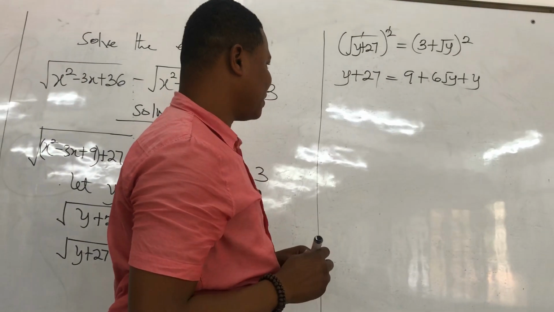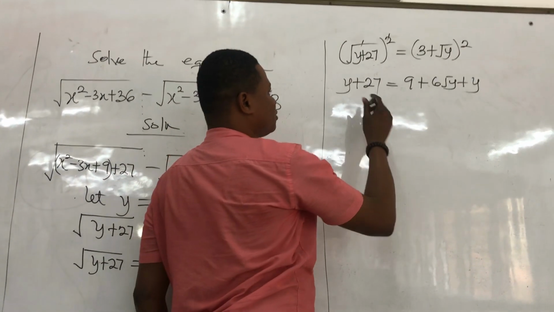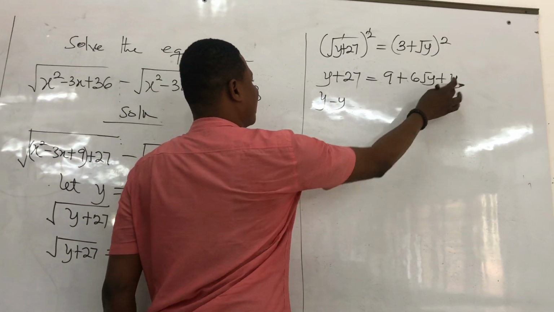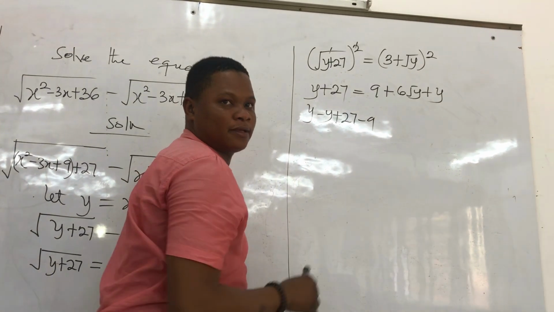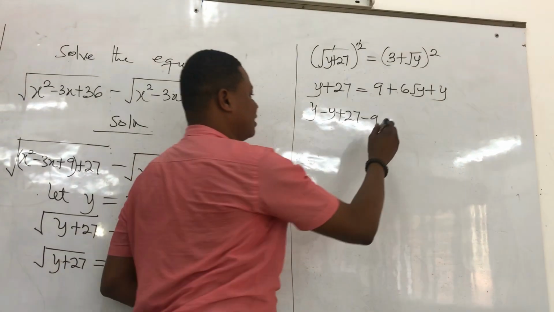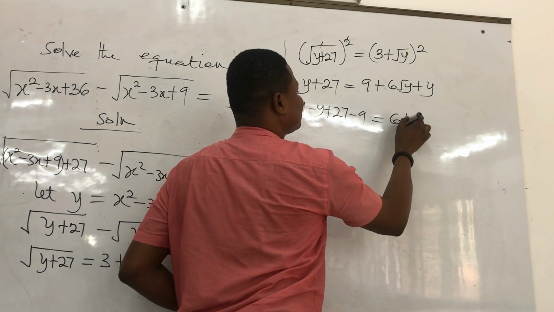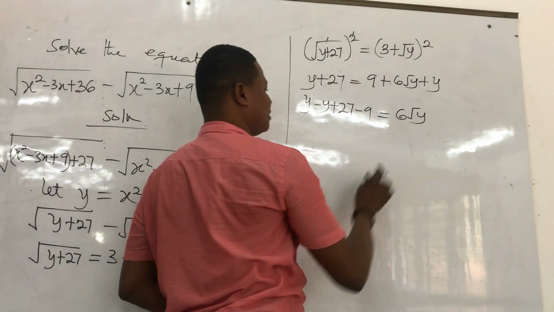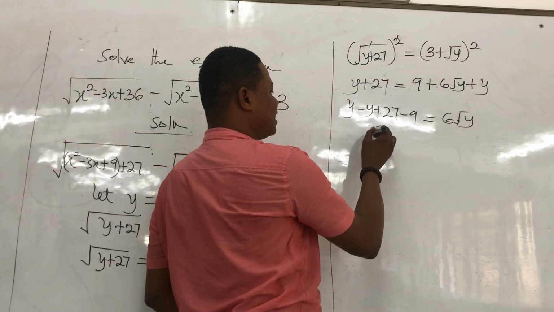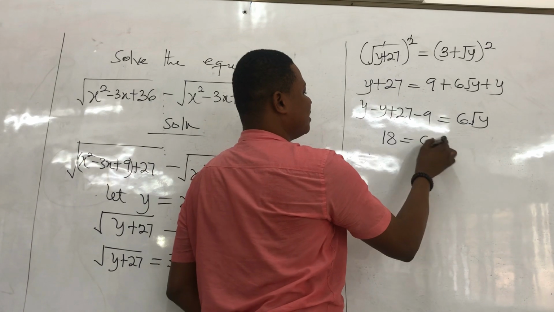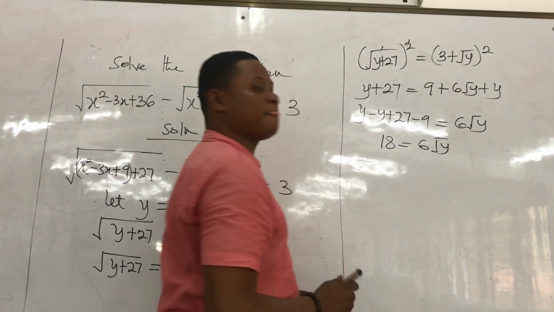So we can group like terms. So we have y minus y, then 27 minus 9. On the right hand side, we will be left with just 6 root y. So here gives us 18, and then 6 root y.